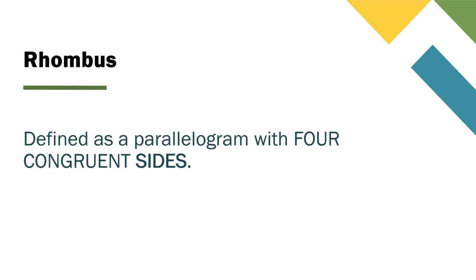All right, a rhombus is defined as a parallelogram with 4 congruent sides. That means all 4 sides have the same length.